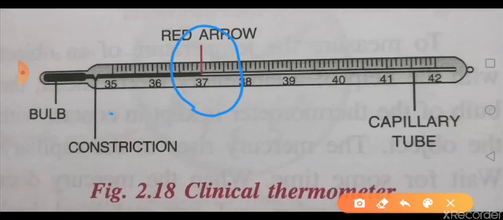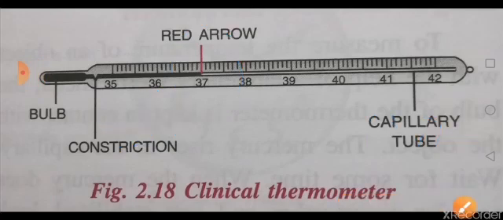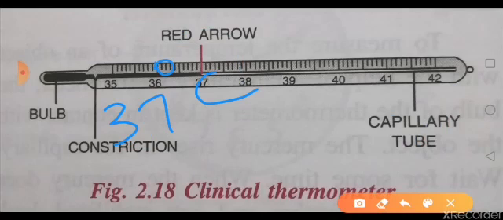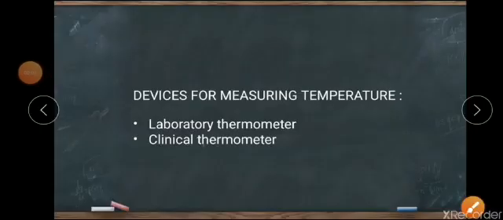In a Fahrenheit thermometer, instead of 35, it will be from 95 degrees Fahrenheit to 110 degrees Fahrenheit. If you are using a Celsius clinical thermometer, the normal body temperature shows as 37 degrees Celsius, but in a Fahrenheit thermometer it will be around 98.6 degrees Fahrenheit, right?